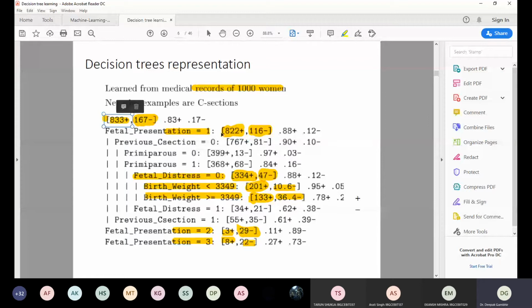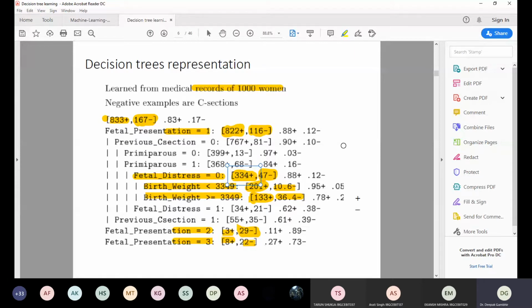As in this case, the 3 nodes are fetal presentation 1, 2, 3. If you combine them up, the resultant presentation is the root node, the 833 positive and 167 negative. Similarly, in between the nodes, if you add them up, 334 positive, 47 negative. Similarly, if you add them up, 201 positive and 133, that would result in 334 positive. So this is how the decision tree is made.